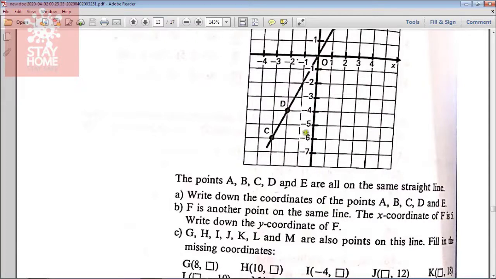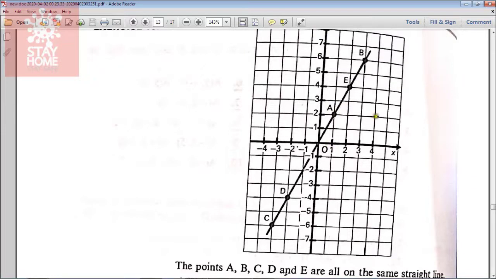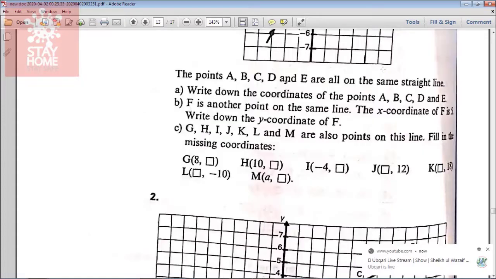I feel it is 5. If it is 5, so here the 5, and y will be against it. That will be 8, I think, if it is 5.